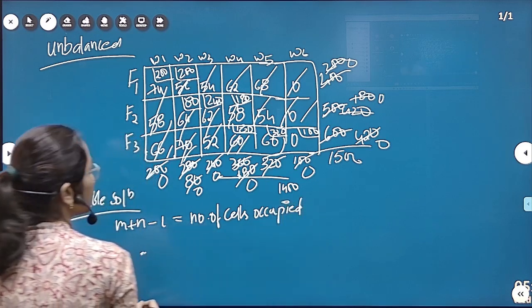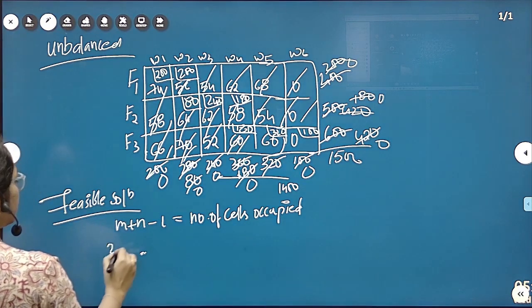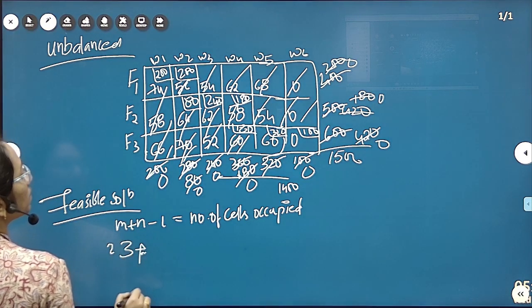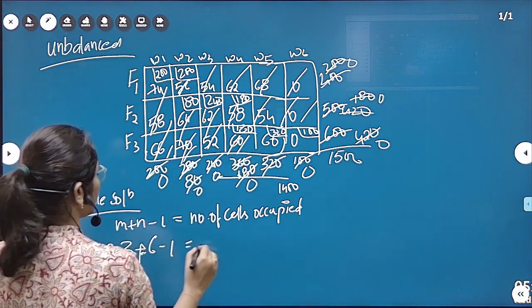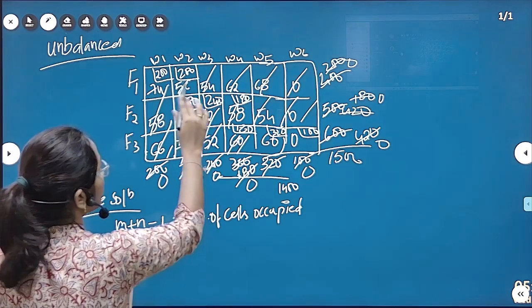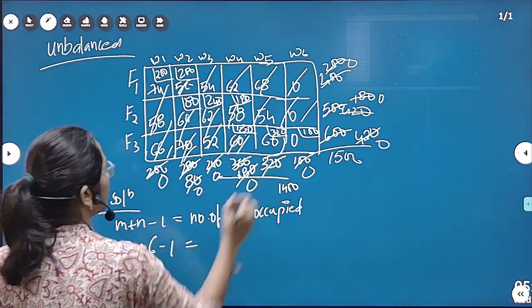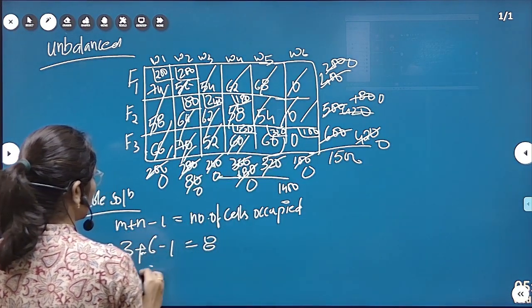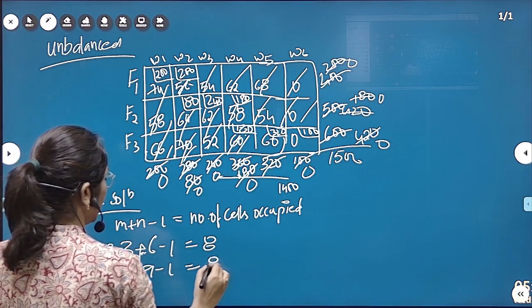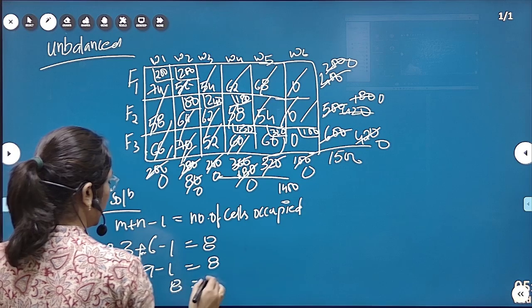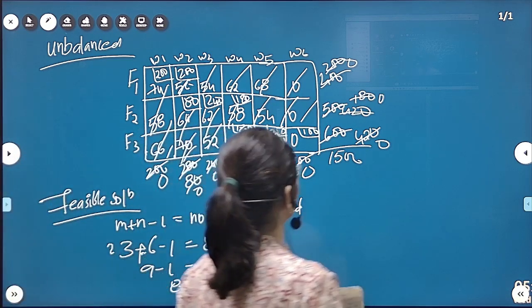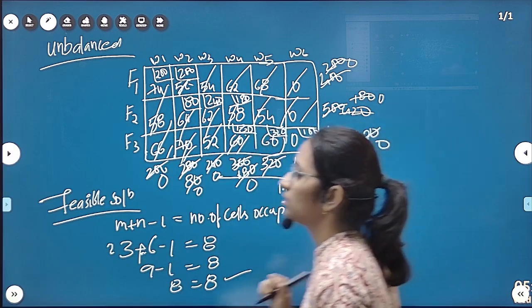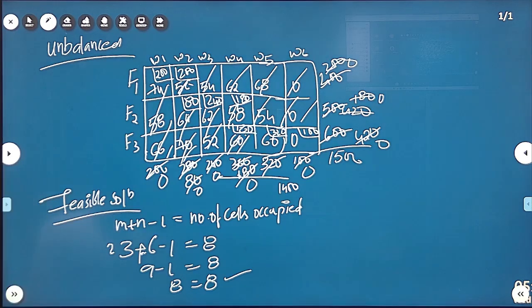Here m is 1, 2, 3 rows, and columns 1, 2, 3, 4, 5, 6, so 9 minus 1 is equal to 8, right? So 8 is equal to 8. So it is a feasible solution. Now tell me the total cost. Do it, tell me the total cost.